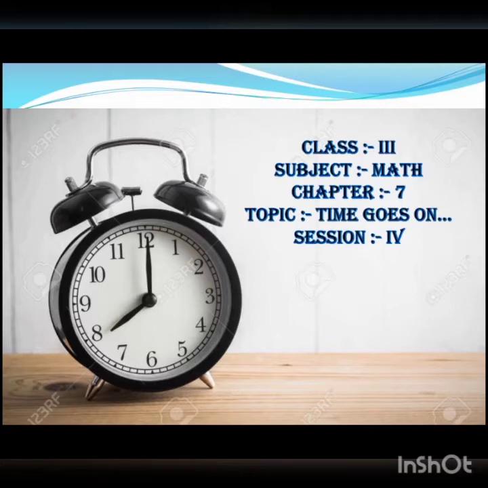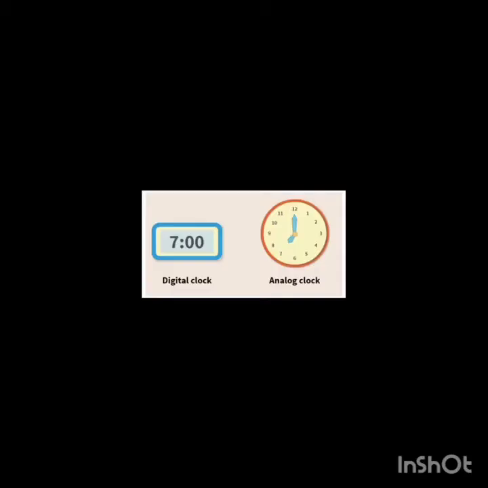There are two kinds of clock, digital and analog. A digital clock is a clock that shows the time using numbers, not hands. An analog clock is a clock that represents time by the position of hands on a dial.